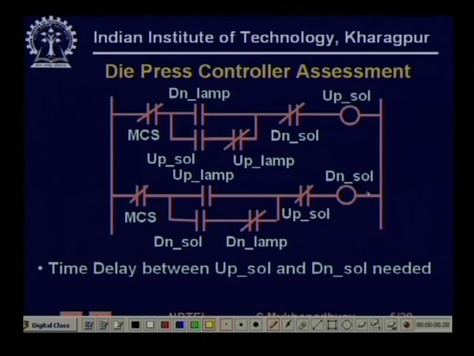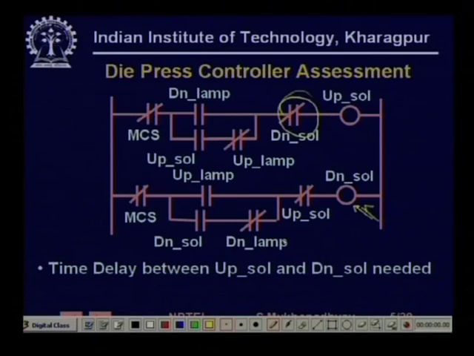Now, let us look at this. Initially suppose the down solenoid is on. So, the down solenoid is on means this is on. When this is on, obviously, because you have an NC contact here, therefore, up solenoid is off. So, the die platform is coming down.